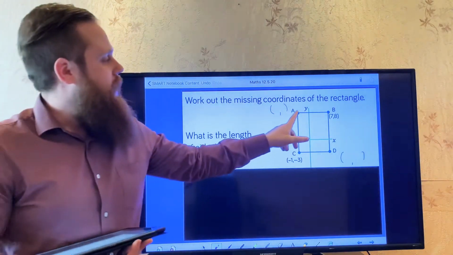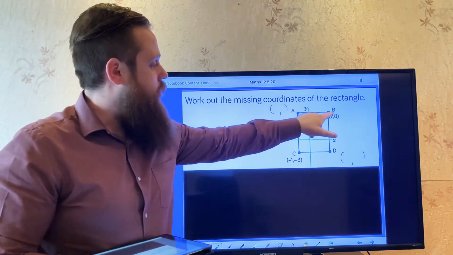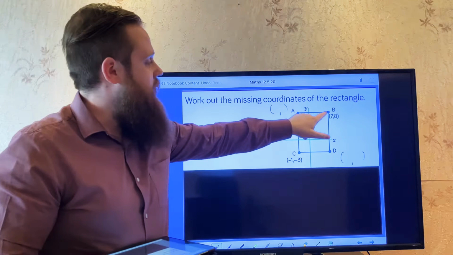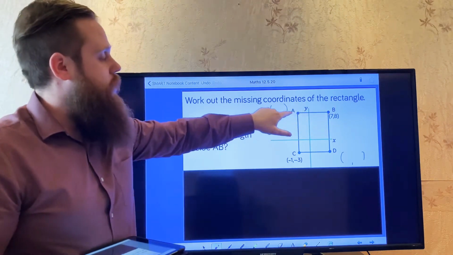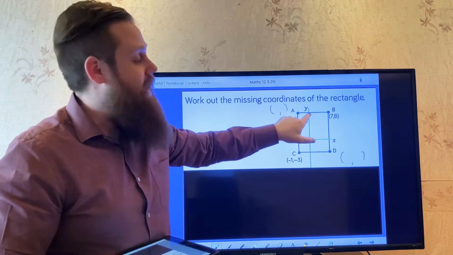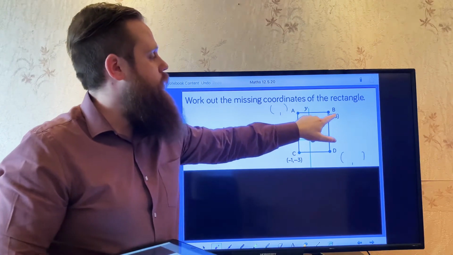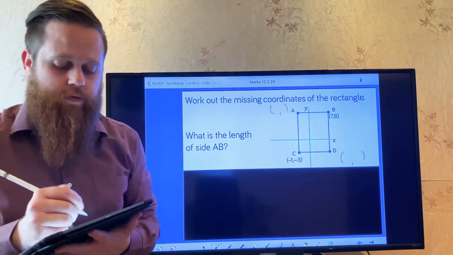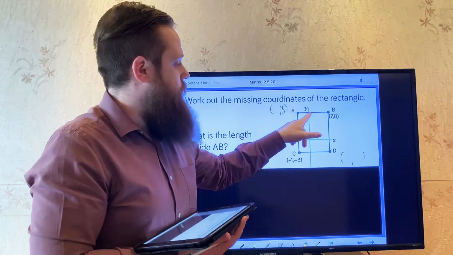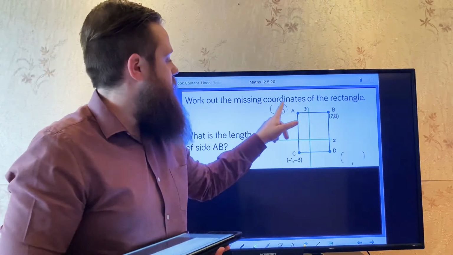Well, let's look at point A. We know that this line is horizontal, and it's in line with point B, which means that they are the same on the y-axis. They go through the y-axis at the same point, which must mean that the y-coordinates will be the same on both of them. So that will be an 8 there. It's going through the y exactly at the same point, because it's a perfectly horizontal line, so it's 8 and 8.